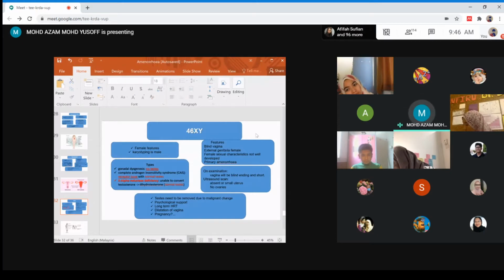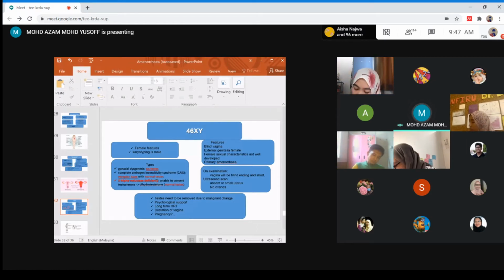So why does this fetus become female? Because the testosterone actually needs to change to dihydrotestosterone to change the fetus into male. This is an active form of testosterone to create the external genitalia.